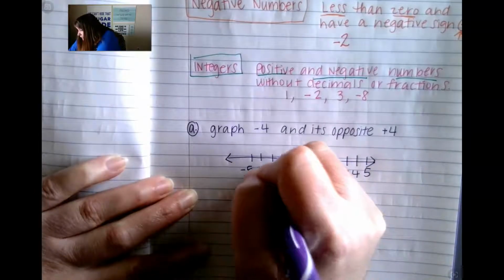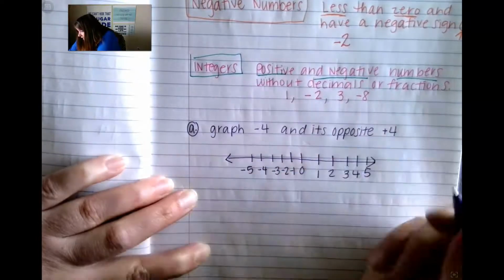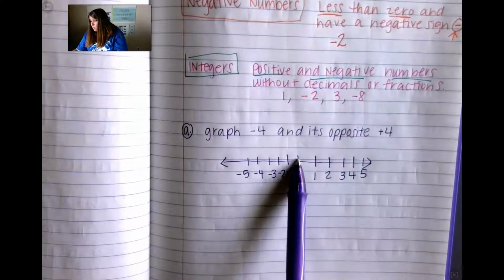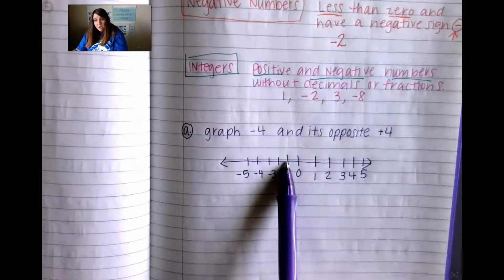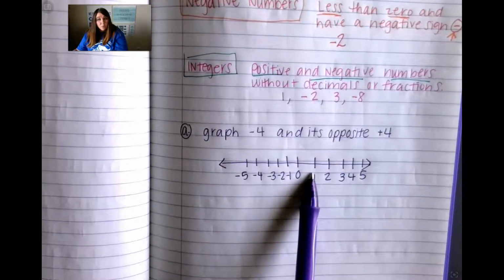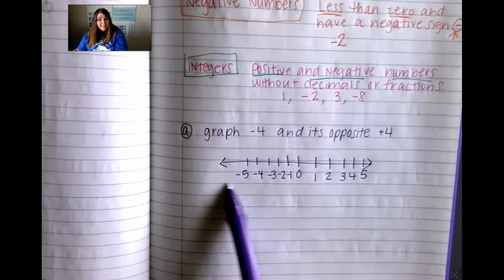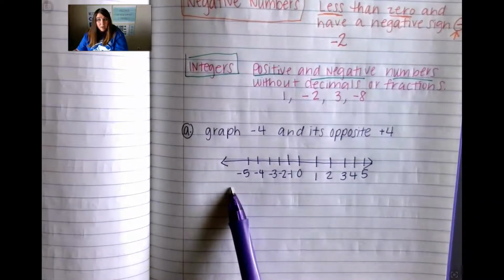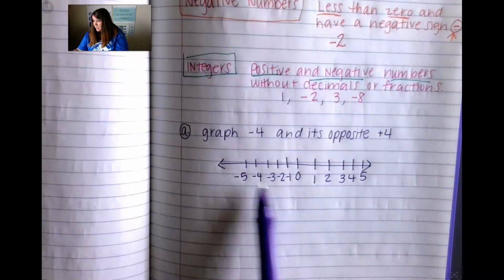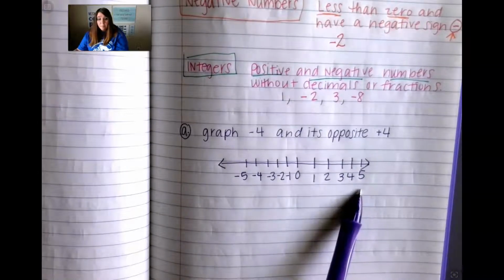So this is negative 4, negative 3, negative 2, and then negative 1. So if you look at 0, and then you go one spot from 0, you're in the 1 space, either positive 1 or a negative 1. This side is less than 0. This side is greater than 0. So these are our negatives, and these over here are the positives.